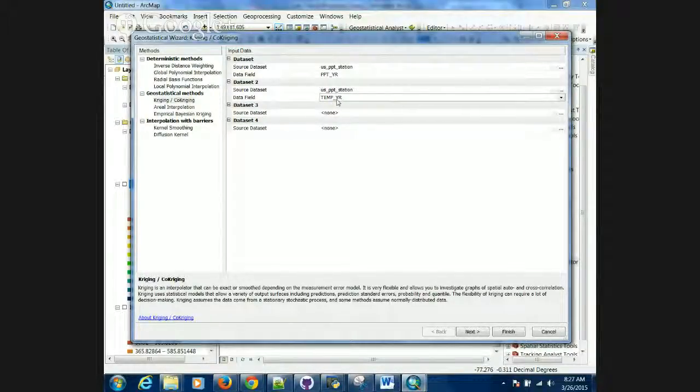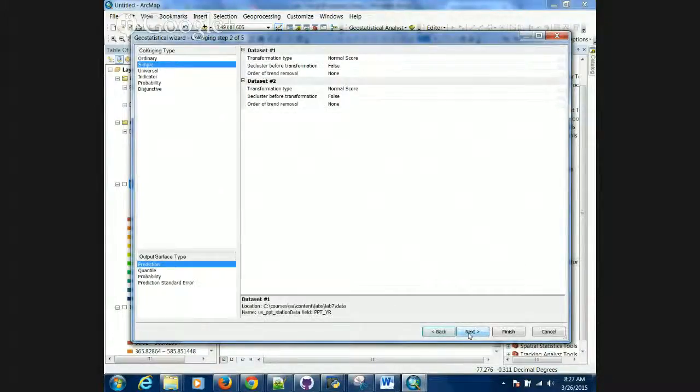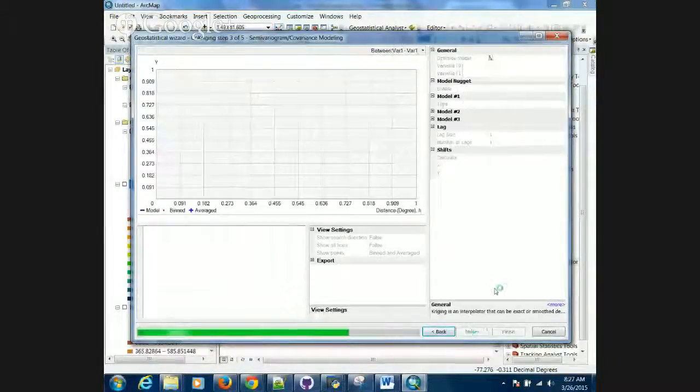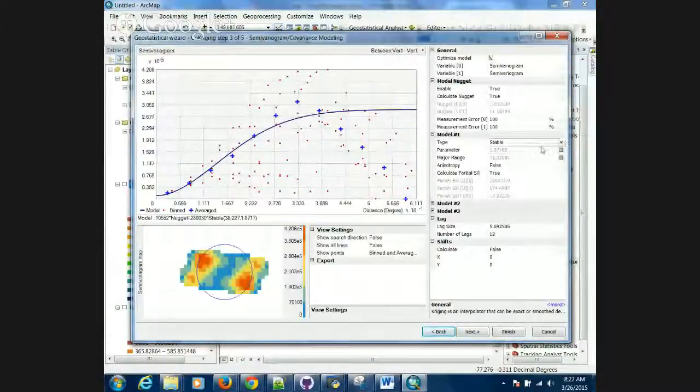So it's looking to see if it can explain some of the changes in precipitation by explaining the changes in temperature. This is how you do co-Kriging. We only talked about this a little bit. Oops, messed up. Ordinary.